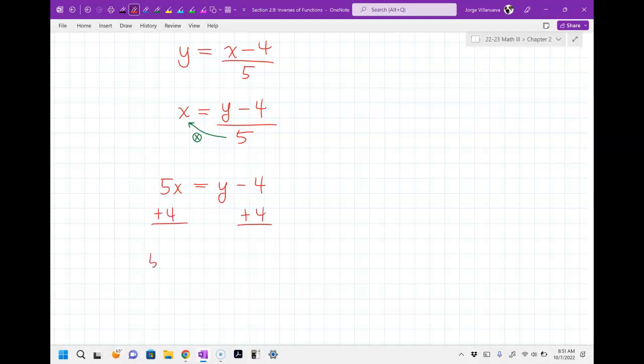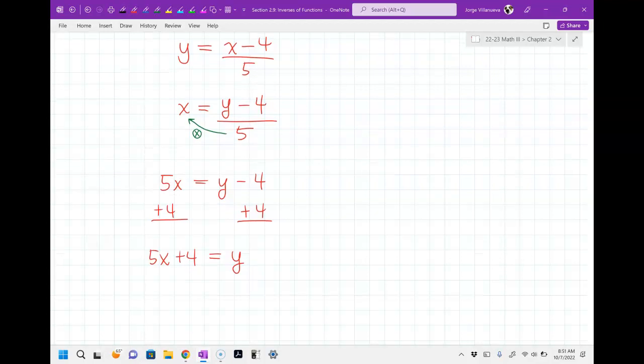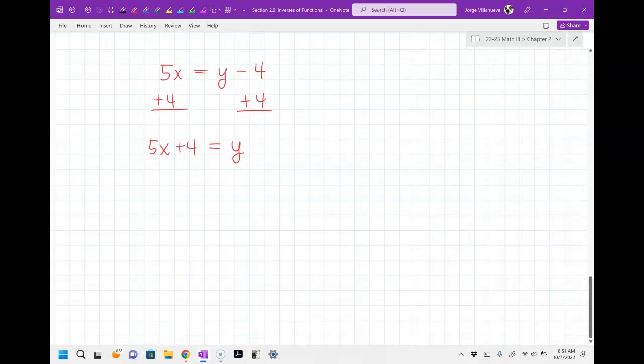So we get 5x plus 4 equals y. I'm done. All I have to do is relabel. They want me to get my y value and relabel it as an inverse. My original function was called f of x, so this is going to be f inverse of x is 5x plus 4.